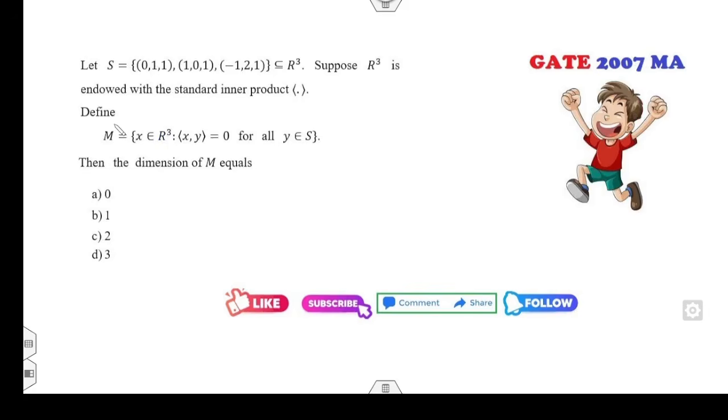Okay, we need to find the dimension of M. What comes to your mind from this 0? 0 is always defined for the nullity. And whenever there is a nullity, you can apply the rank nullity theorem, that is the dimension of the R cube vector space minus the rank of S, because these are the elements of S. So how can you find the rank of S?